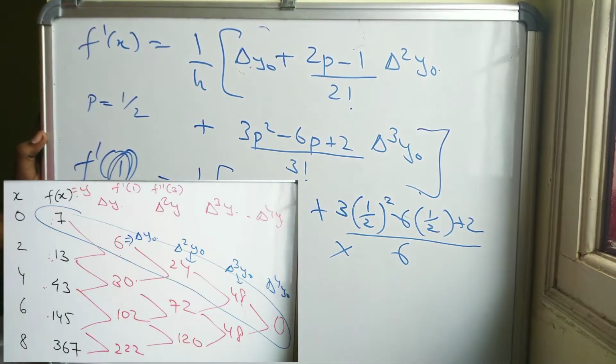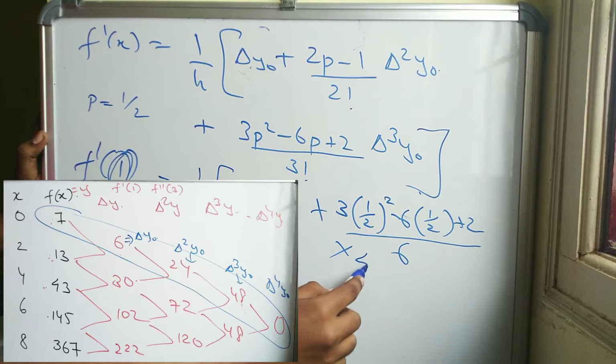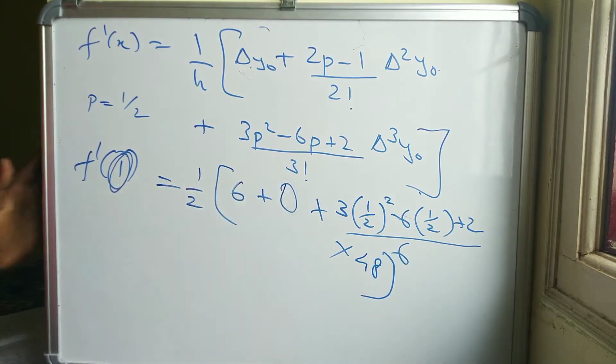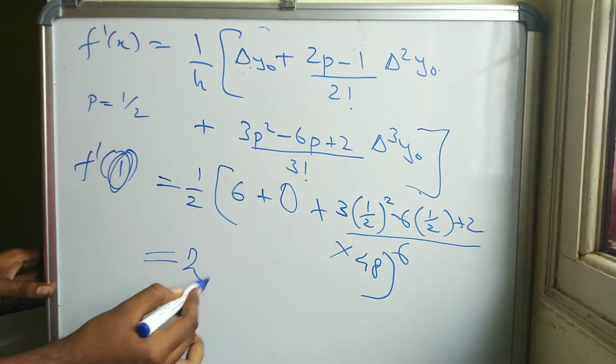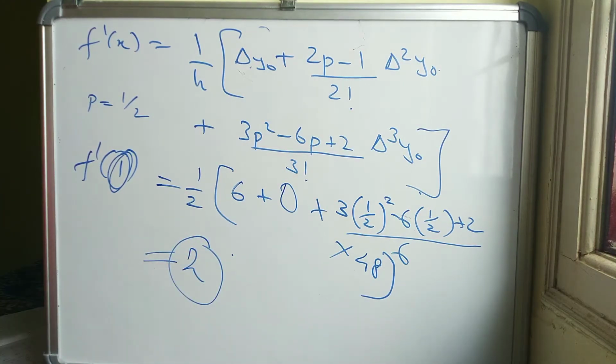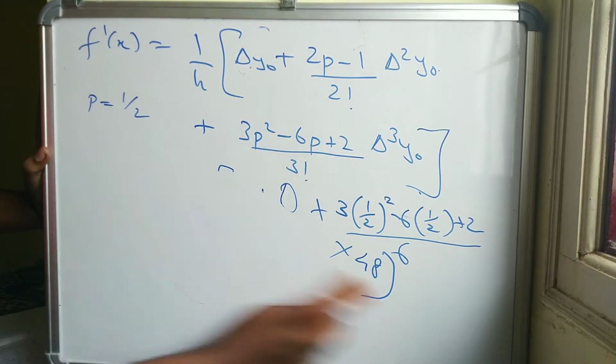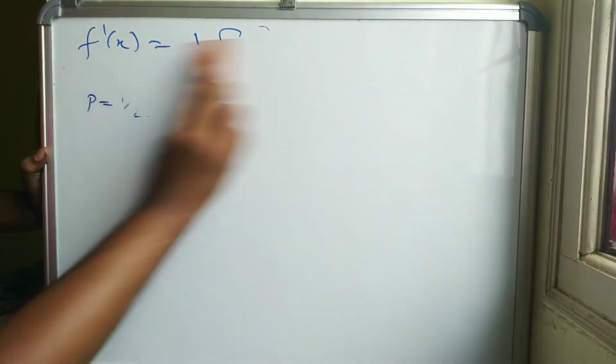Delta cube y0 is nothing but 48. Now you have to just calculate these values. You will get the answer as 2. Okay, so we found out f dash 1.